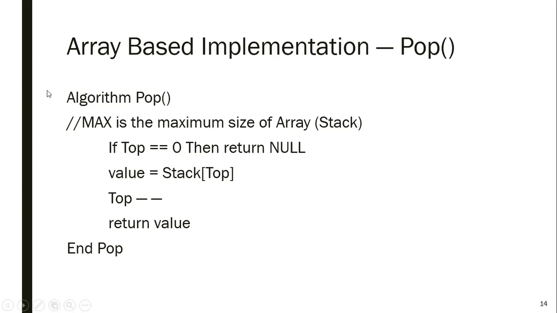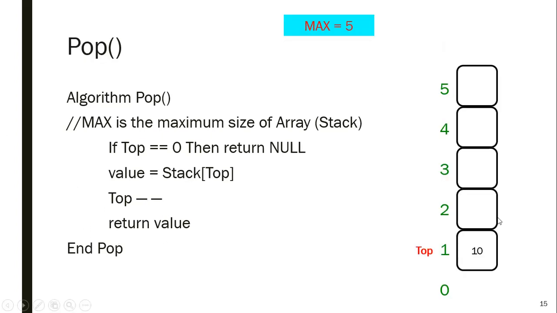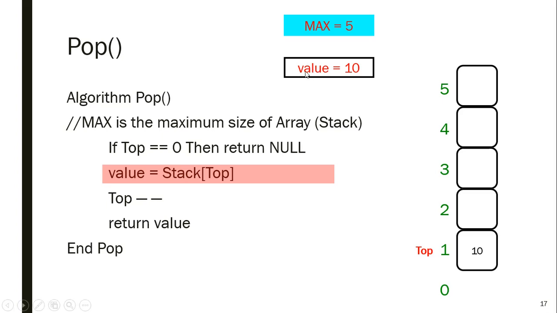Okay, now let us iterate it. Initially there is just one element on the top of the stack, and that is 10. What am I supposed to do? I am going to pop it. If top is equal to 0? Top is 1, so top is not 0, which means the stack is not empty, it will not return null, and it will save this 10 in some variable, value.